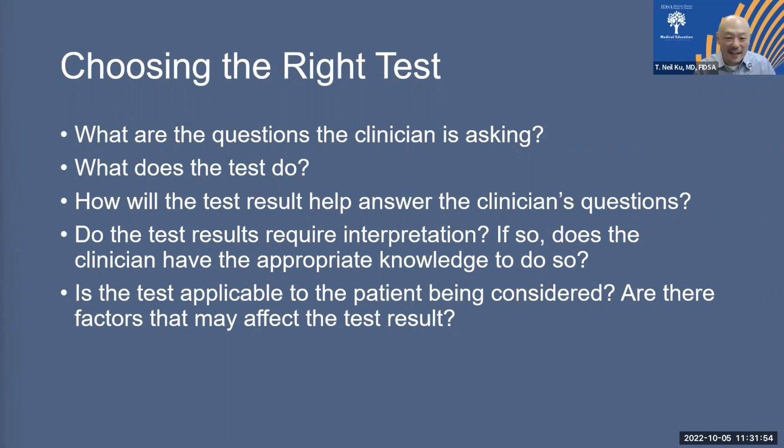If we can't get a specific answer, choosing the test will be very challenging, and they will often choose tests that are not appropriate and get an answer that's not what they intended, which could lead to misdiagnosis. The other thing clinicians need to know is: what does the test do? As I pointed out, when clinicians order a UA and say positive UA for a UTI, is that what the test actually does?